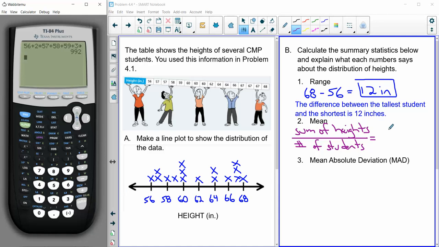That's 992. I remember doing this yesterday, and I think I've got the right number there. There are 16 students, so 992 divided by 16, we get 62.